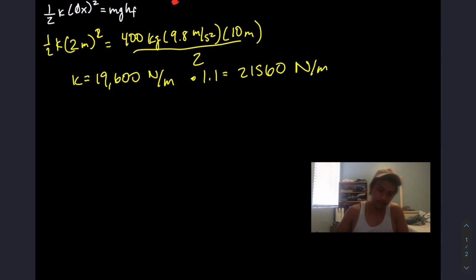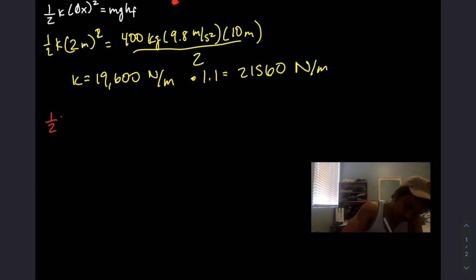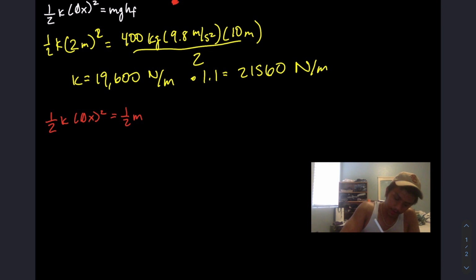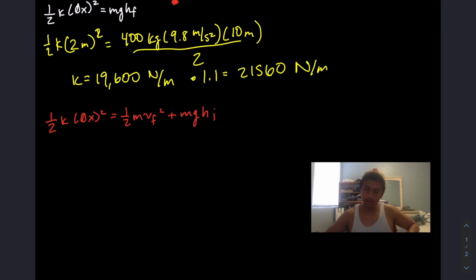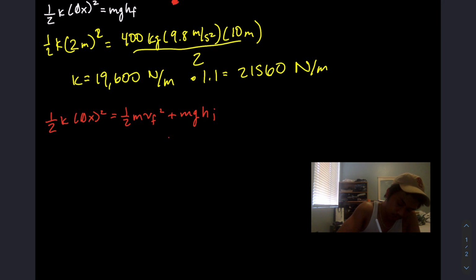So the equation you would use is 1/2 k delta x squared equals 1/2 mv final squared plus mgh. Here the goal is to isolate v final, so you just subtract mgh.